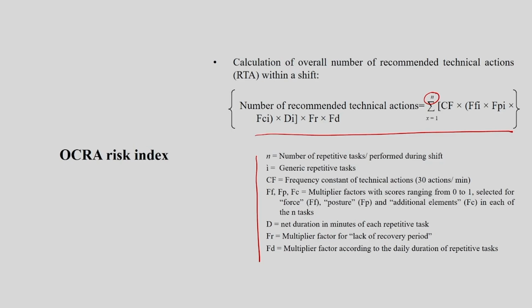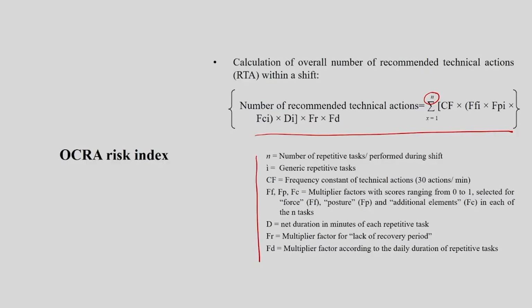From there you are going to get your recommended technical task. You can count your actual technical task using your stopwatch or any other method, and using this formula you are going to get your recommended technical task.